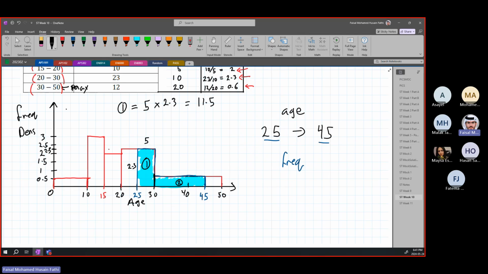11.5. The second area, similar idea. We're going to find the height and the width. The width is from 30 to 45. To find that, you just do 45 minus 30, which is equal to 15. That's the width of this rectangle. And the height of it goes all the way to over here, which is 0.6.